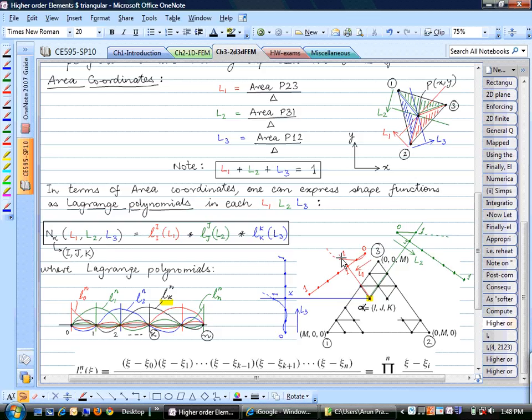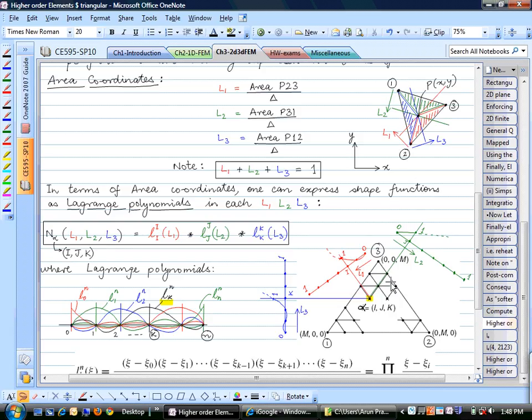Okay. So since this function goes to 1 at this point and 0 at these points, we don't care about all these points. We are just going to go up to I or up to j or up to k. And which means that any function that you construct in this manner, this is Lagrange shape function in L1 multiplied with this Lagrange shape function in L2 multiplied with Lagrange shape function in L3, which means that this function is going to go to 0 at all of these nodes, right?